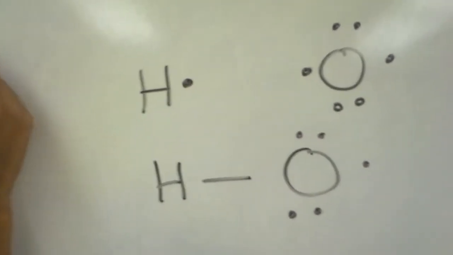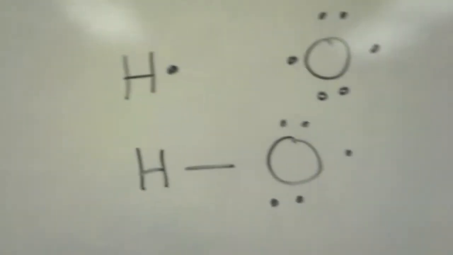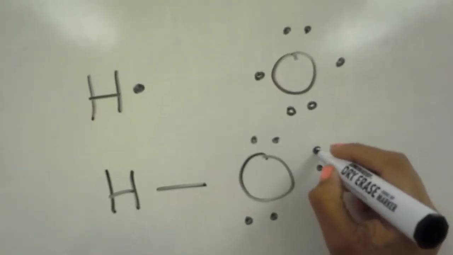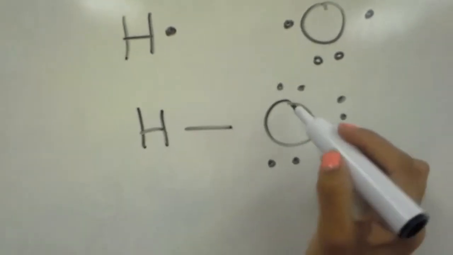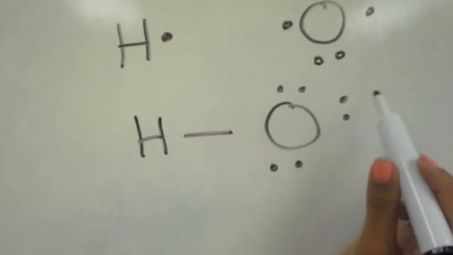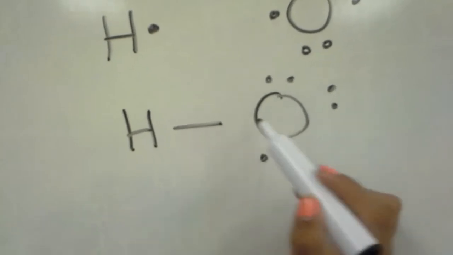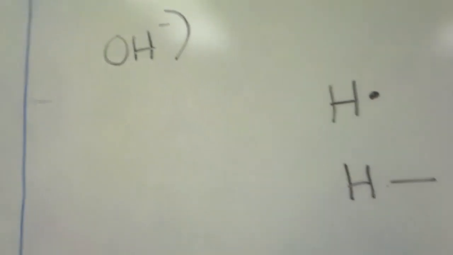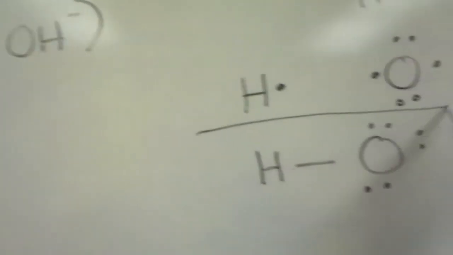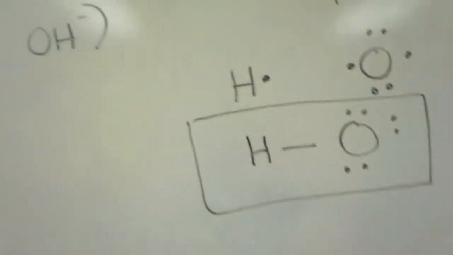But since we have a negative, you have to add another electron so that it becomes negatively charged. So your oxygen ends up looking like it has 7 valence electrons: 6 and then plus this one, and hydrogen has its own valence electron. So that's your Lewis structure for OH minus.